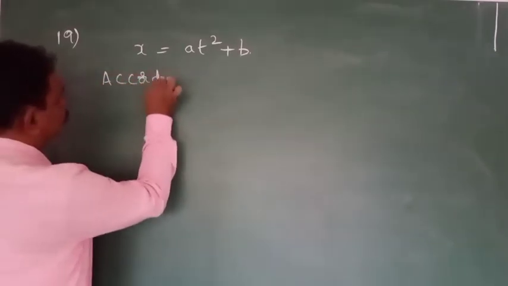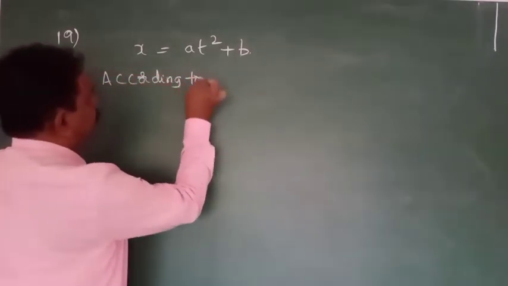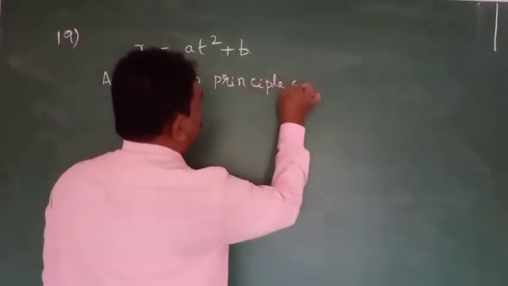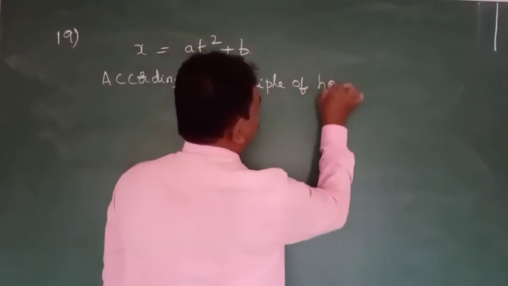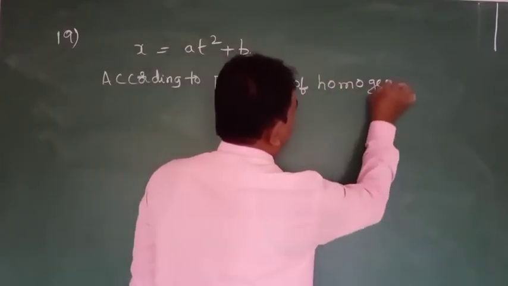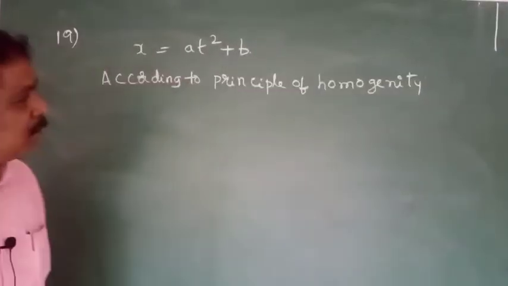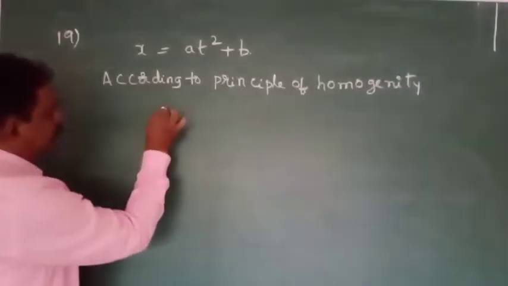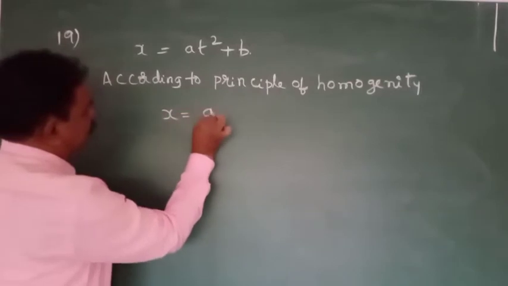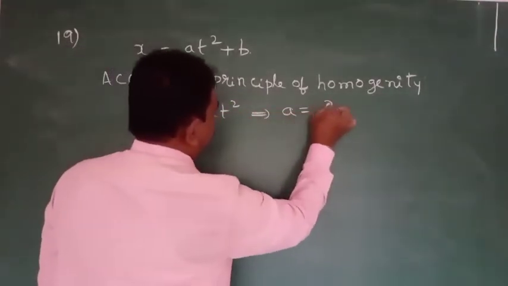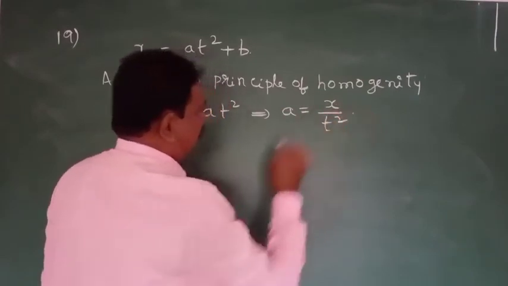According to the principle of homogeneity, x is equal to at square means a is equal to x by t square.